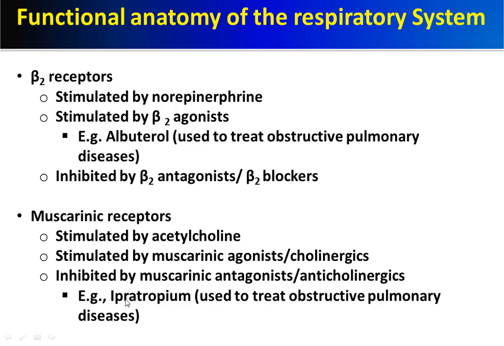When they are blocked, the result is relaxation of the smooth muscle cells, bronchodilation and reduced mucus secretion, and hence these blockers, like ipratropium bromide, are used in the treatment of obstructive pulmonary diseases like the beta-2 agonists.